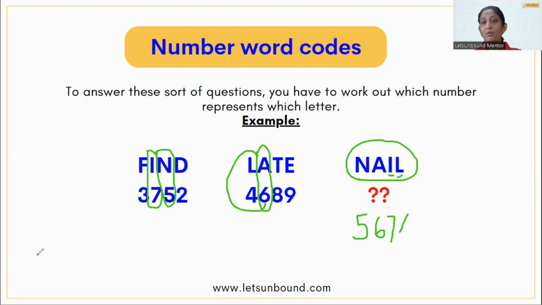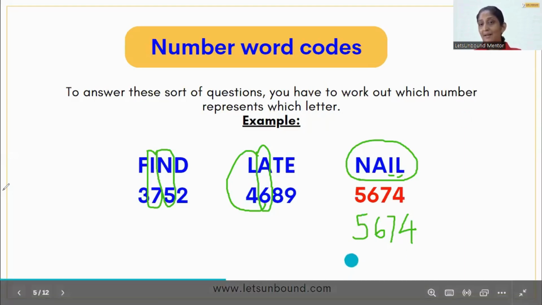So the code for nail is 5, 6, 7, 4. Right? It is very easy. So in the same way, we can very easily get the answer 5, 6, 7, 4 if we understand which code is used where. Now, let us do some more examples.